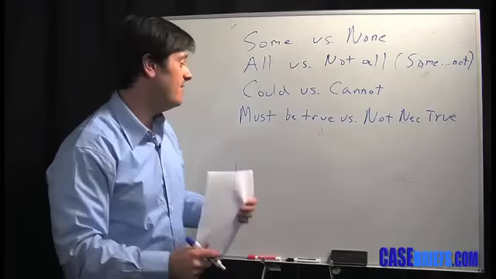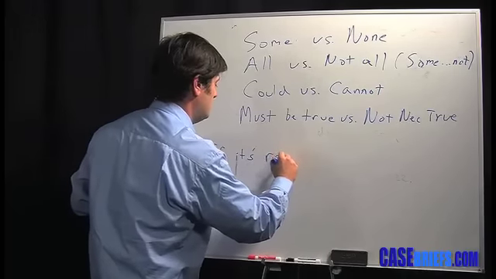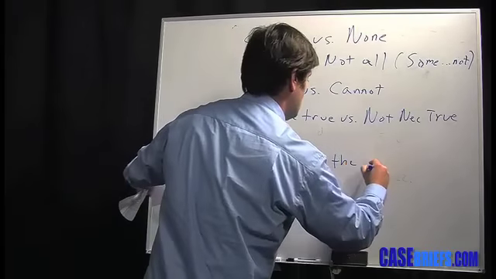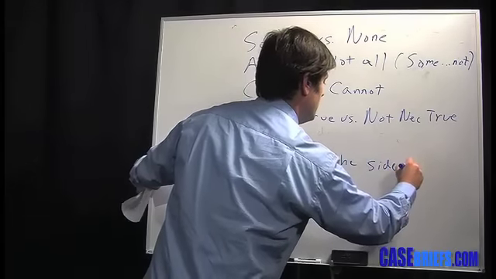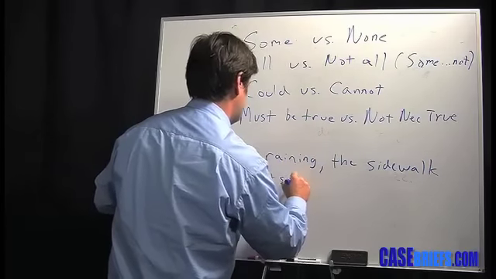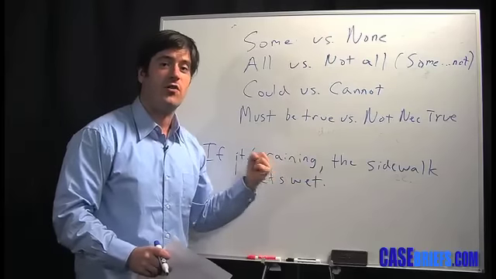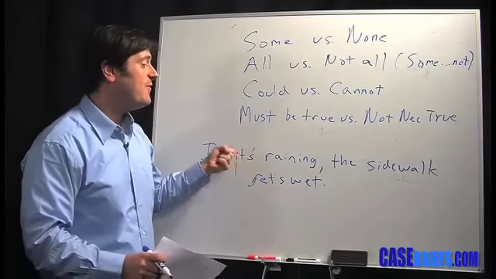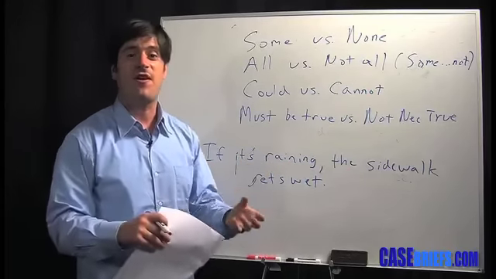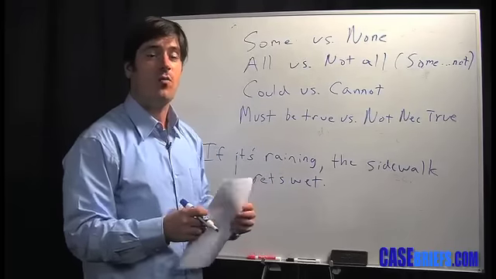So if the sentence is, if it's raining, the sidewalk gets wet, you never touch the if clause when doing a negation. You say, if it's raining, the sidewalk does not get wet. Now, most of the time, it's fine just to add the word not or take it away if there's already a negative word in the sentence.